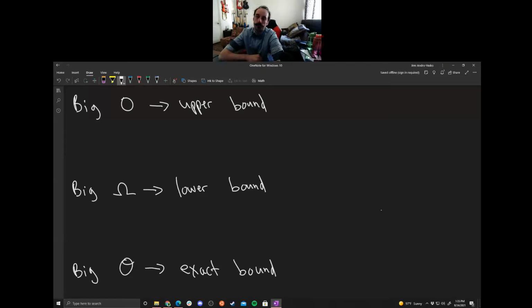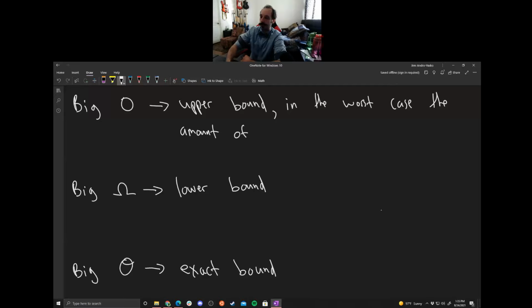So upper bound, what does upper bound really even mean? Well, basically, in the worst case, the amount of steps does not exceed the bound, if you will.